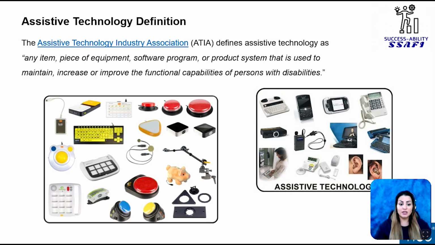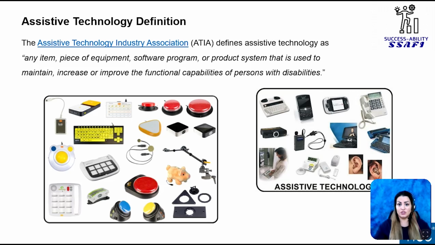The Assistive Technology Industry Association defines assistive technologies as any item, piece of equipment, software program, or product system that users with disability use to maintain, increase, and improve functional capabilities of persons with disabilities.